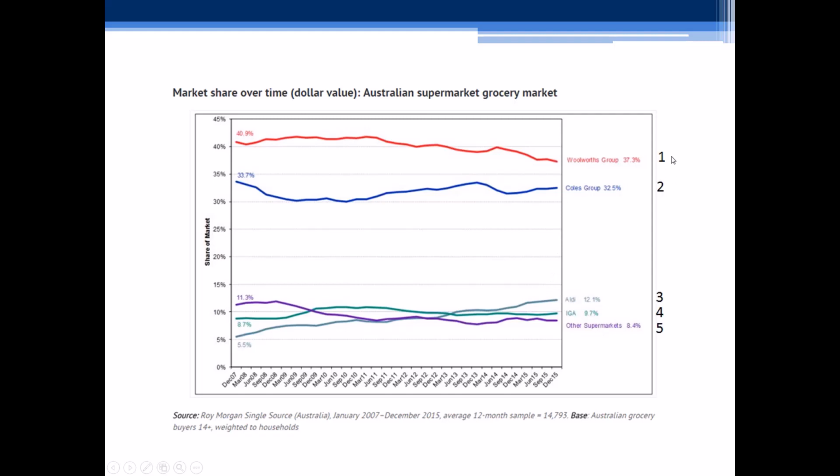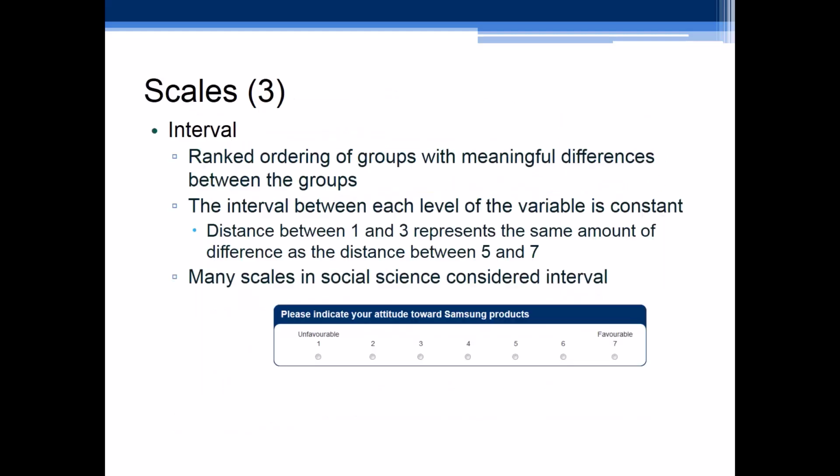So they do fall in that rank ordering of 1, 2 and 3, but knowing that 1, 2 and 3 doesn't tell us the magnitude of difference between those things. So with an ordinal scale, we can't really perform much in terms of mathematical operations beyond just knowing that rank order. The third type of scale then is what we term an interval scale.